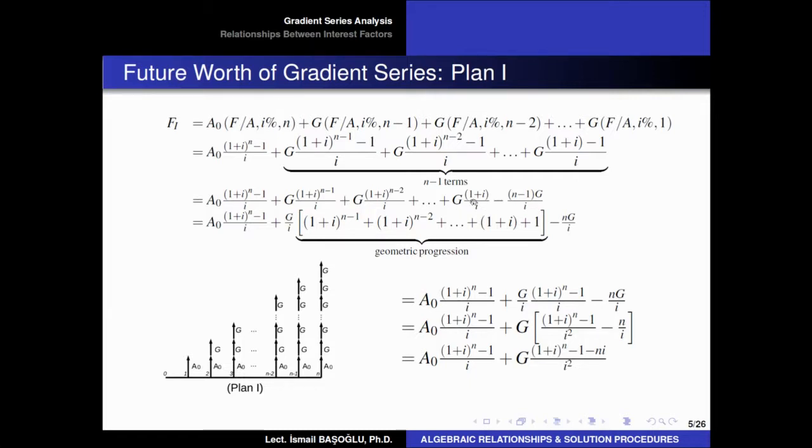So G over i times (1 plus i) to the power n-1, plus we can write G over i minus G over i. If we do that, you will realize every component where we start with G here, we will have a G over i, and the remaining multipliers would be (1 plus i) to the power n-1, (1 plus i) to the power n-2, and so on and so forth, until the last multiplier becomes 1. And we also have a subtraction of nG over i.